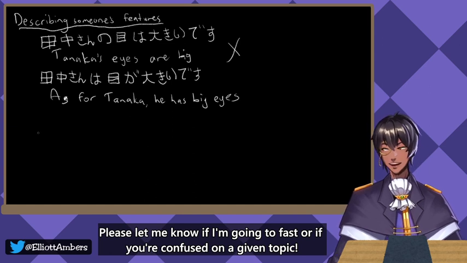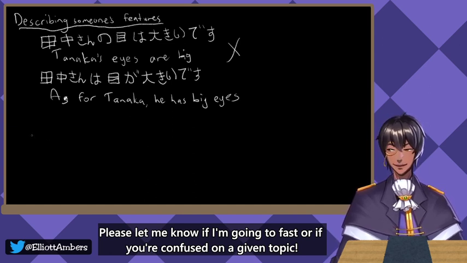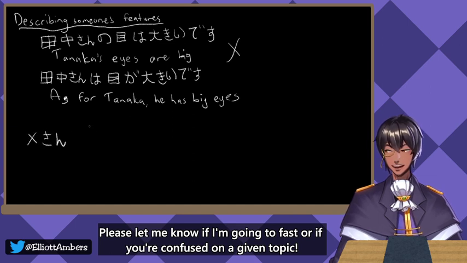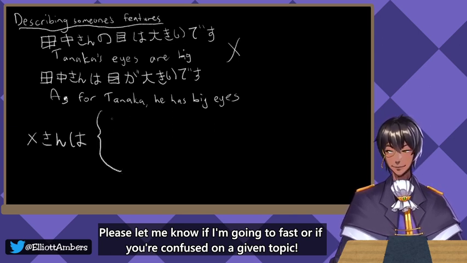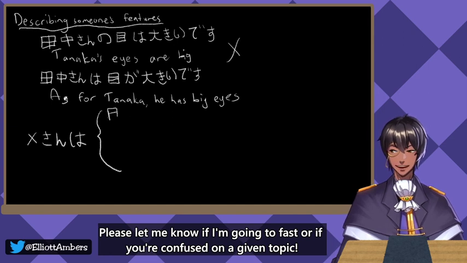But a typical safe sentence structure that we could use here would be X-san wa, and we could talk about different kinds of body parts. You know, we could say ne, there's eyes.